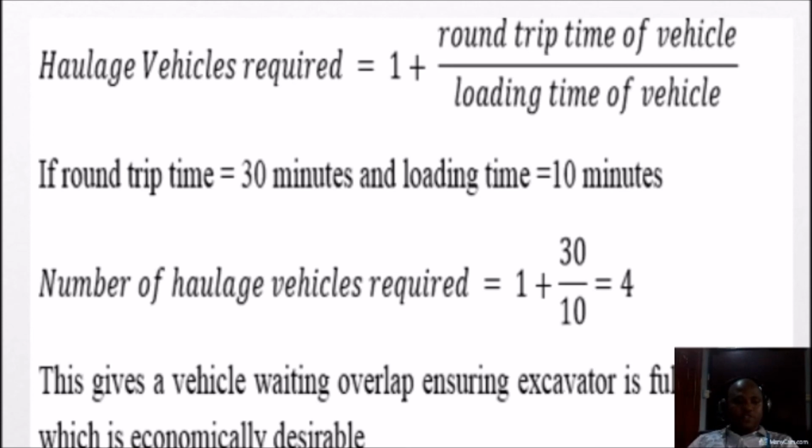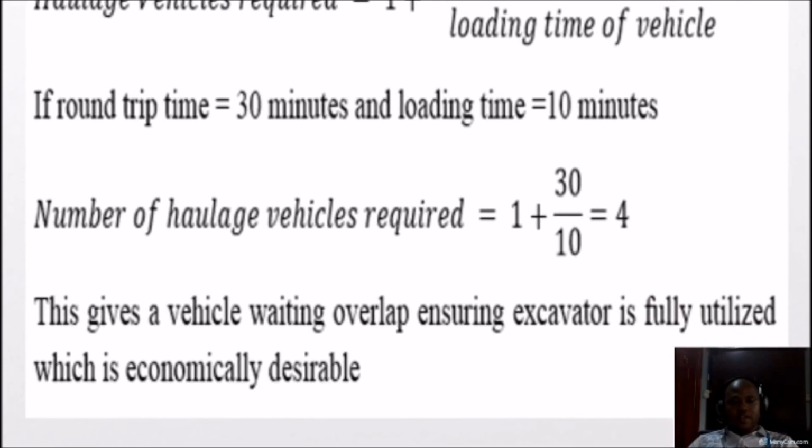So if the round trip time is equal to 30 minutes and the loading time is 10 minutes, loading time is time taken by the excavator to load the vehicle, then it means the number of haulage vehicles required will be equal to 1 plus 30 over 10, which is equal to 4.